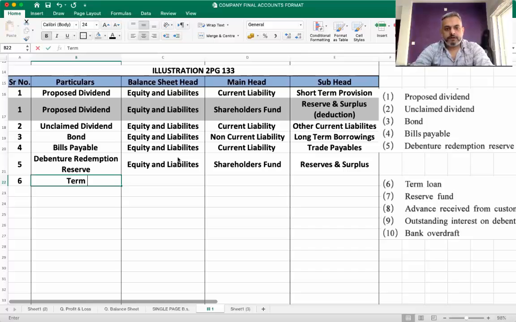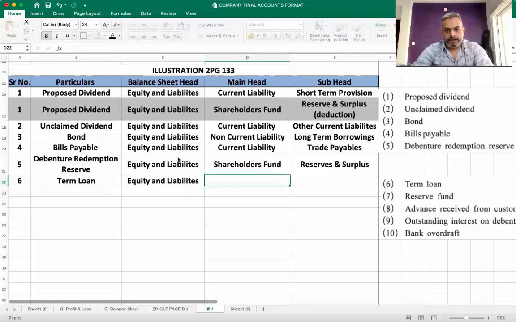Six, term loan. Now, term loan, again equity and liabilities. So term loan is a loan what we have taken for a longer period of time. Okay, you can see it in the heading, again in the subhead. So go to the balance sheet format and I'll show it to you.